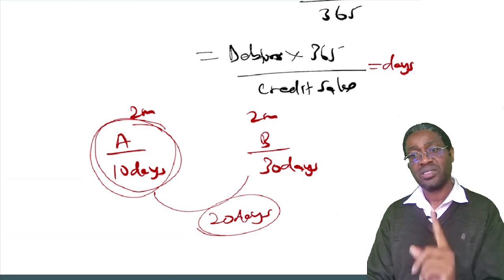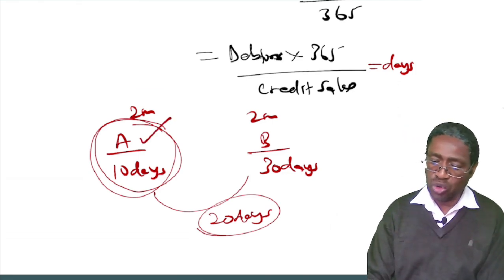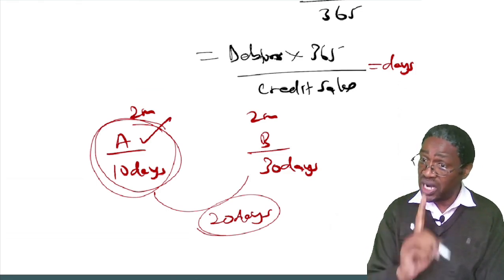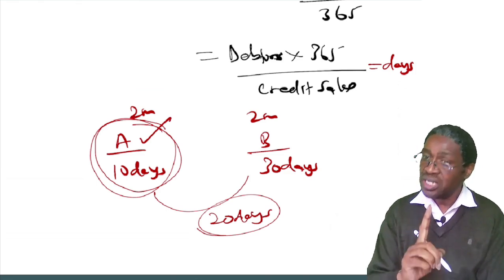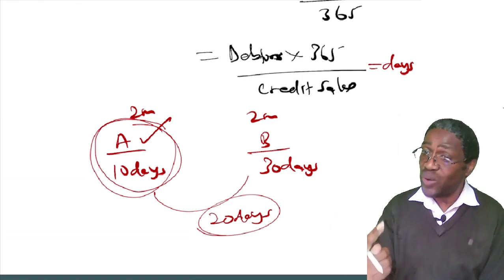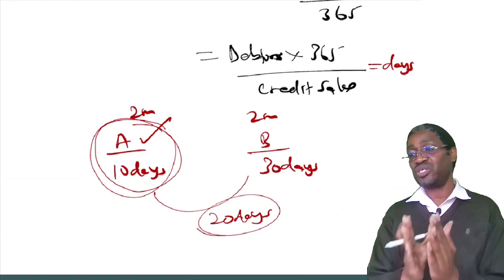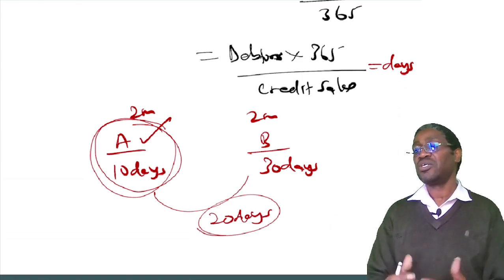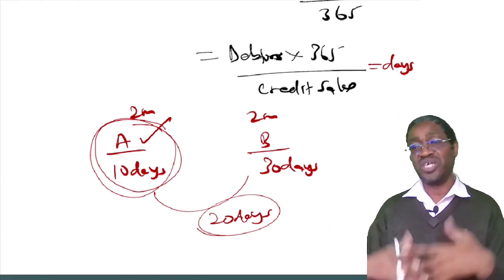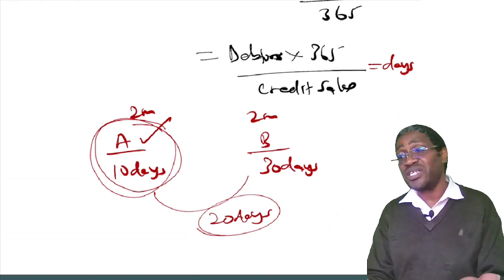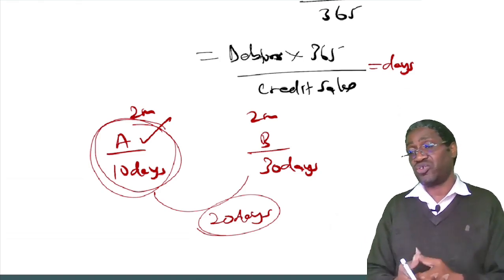One, company A is able to collect their cash earlier, and hence they can utilize it elsewhere and generate profit. You, company A, have received your 2 million in 10 days. You can use it elsewhere to generate profit, while company B is still waiting another 20 days to receive their 2 million.